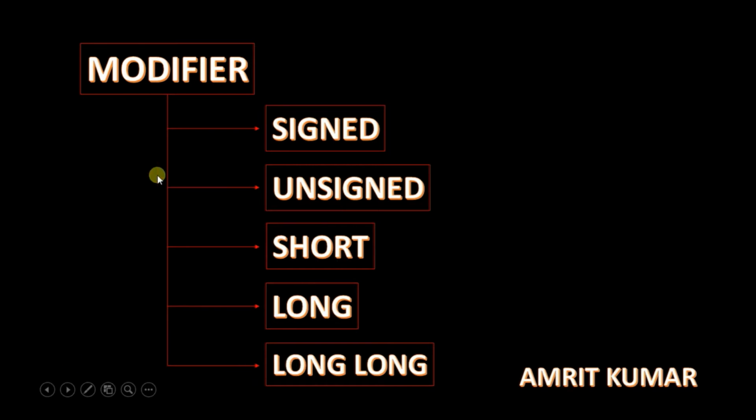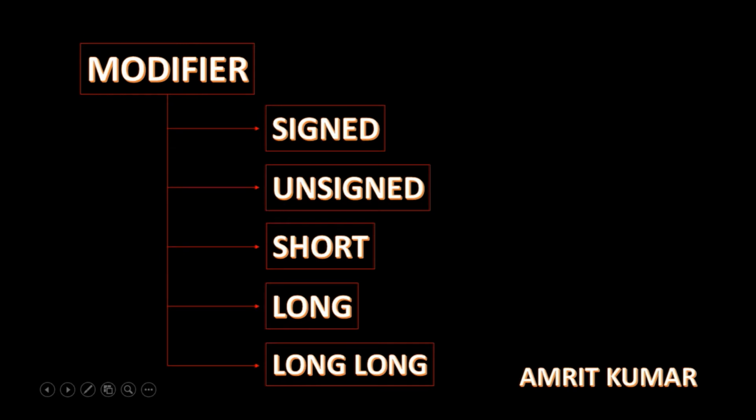Now we can say from this graph that modifier has been classified into 5 sections, or 5 blocks, or 5 types.